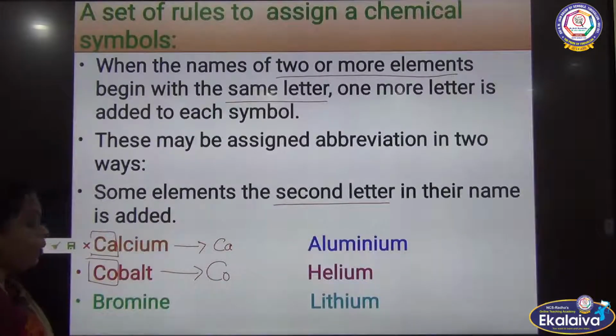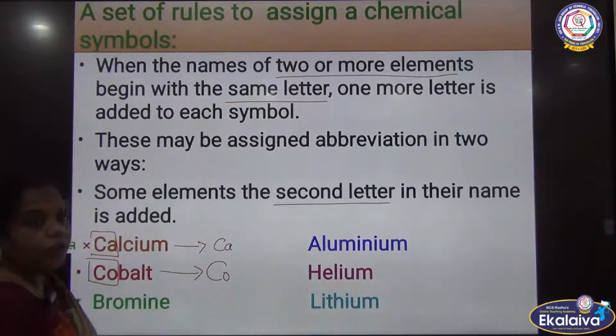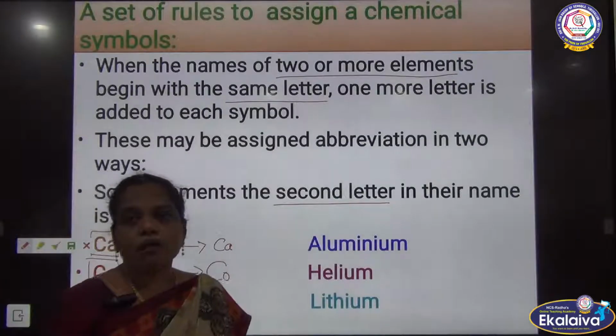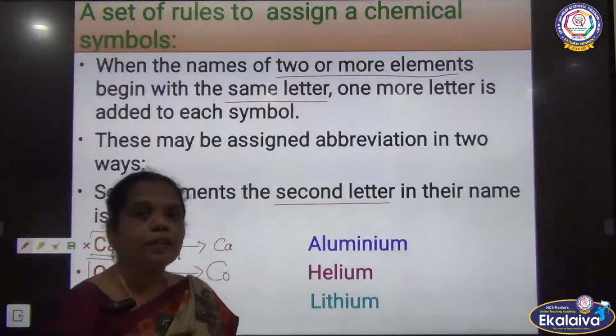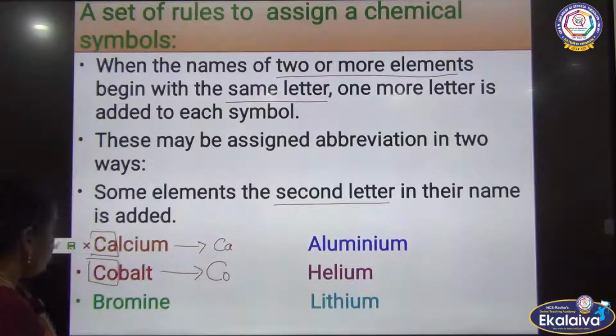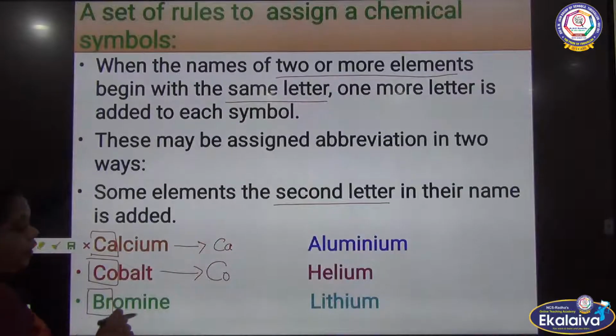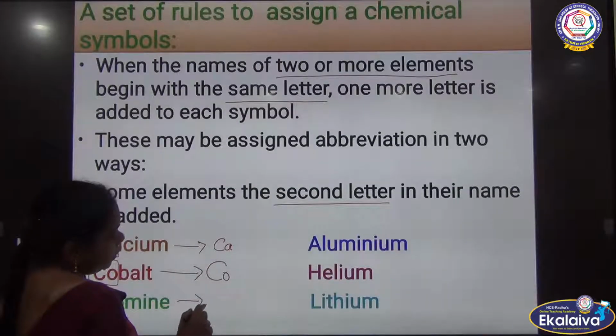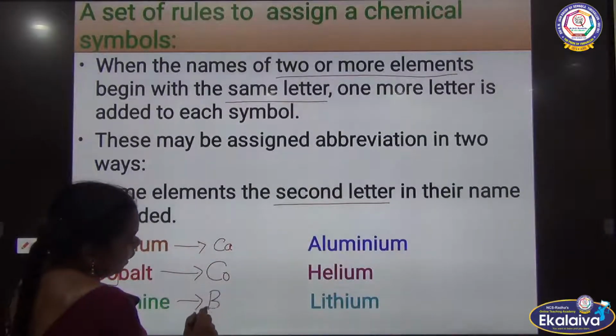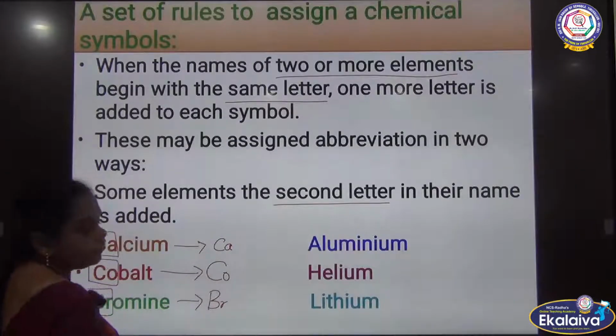And next, bromine. Already you know that B is for boron, so again we cannot assign it for bromine. Here you have to take the first two letters of the element, Br. So bromine can be represented as Br.